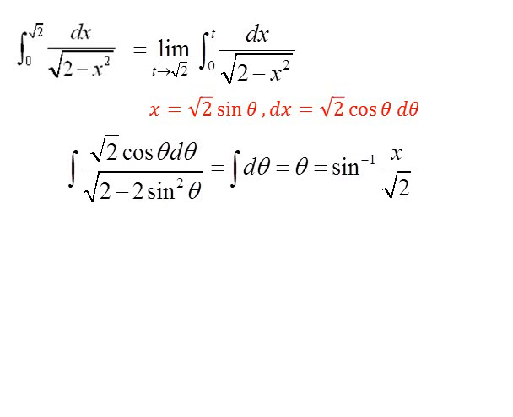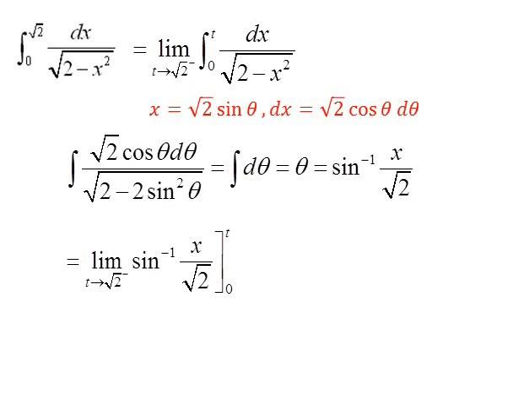Substituting gives the integral of the square root of 2 cosine theta d theta over the square root of 2 minus 2 sine squared theta. This integrates to theta, which is the inverse sine of x over the square root of 2. I decided here that it was easier to put the x's back into the problem instead of converting the t and the 0 to theta values.